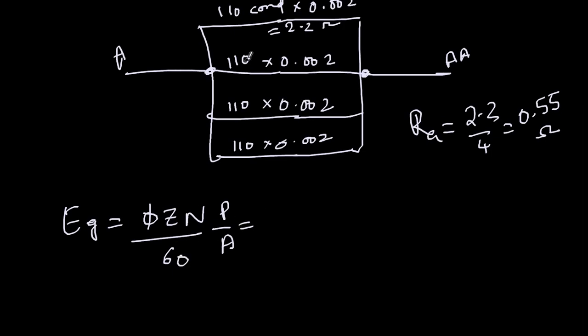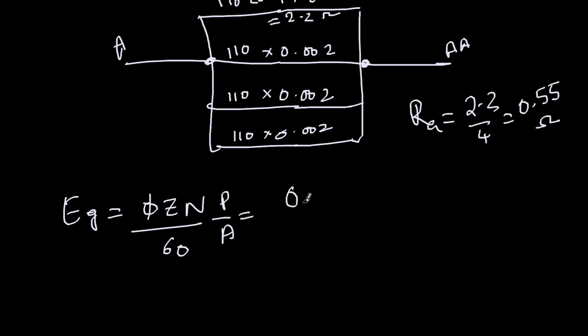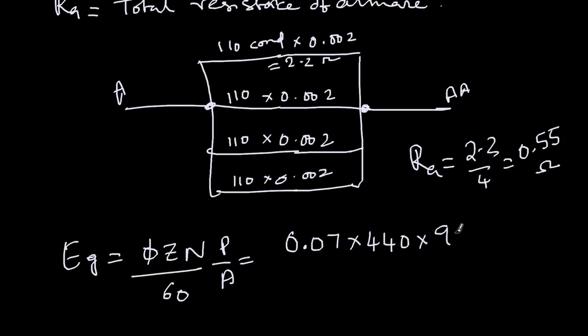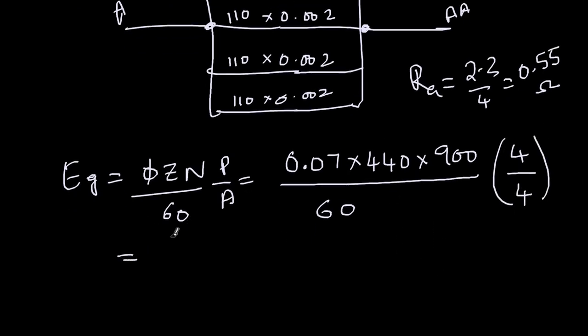So the flux that is given is 0.07, total conductors are 440 and the speed is 900, divided by number of poles. We have a 4-pole machine with 4 parallel paths. So this will give me Eg.